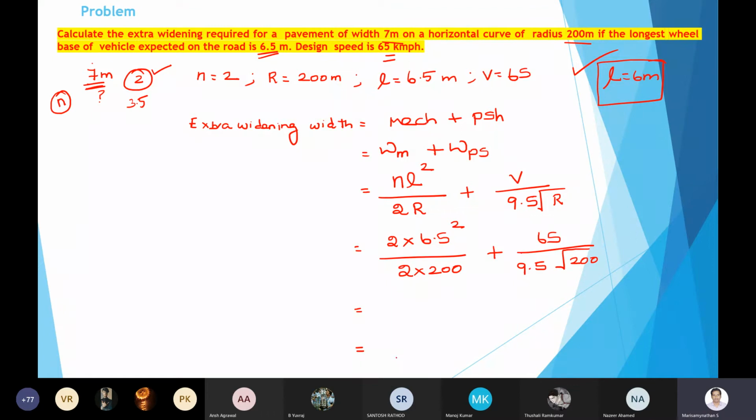When you add both values, you will get the final extra widening width. So can you estimate the value?